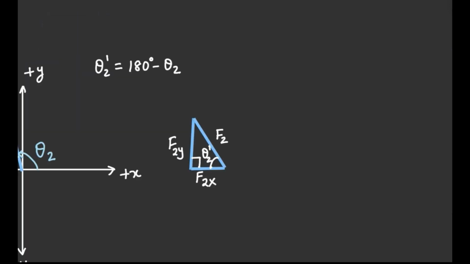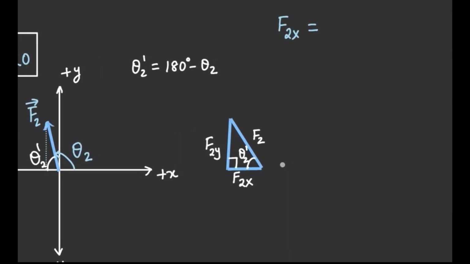Now let's go ahead and calculate F2x and F2y. For F2x, I could use the actual real angle, theta 2. And that would give me F2x equals F2 cosine theta 2. F2 is 10 newtons, cosine of 120 degrees. Now cosine of 120 degrees is in the second quadrant, and cosine is negative in the second quadrant.